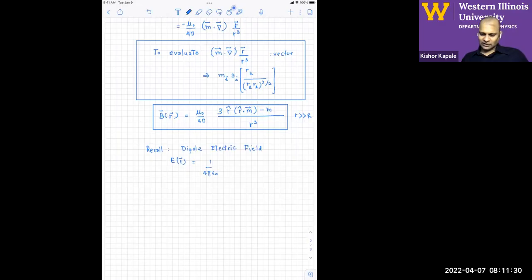So that's just the constant that you have, times 3 r hat dotted with p, times r hat, minus p, over r cubed. So isn't that kind of surprising?